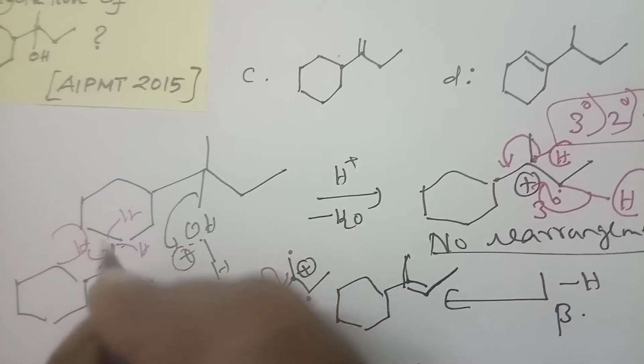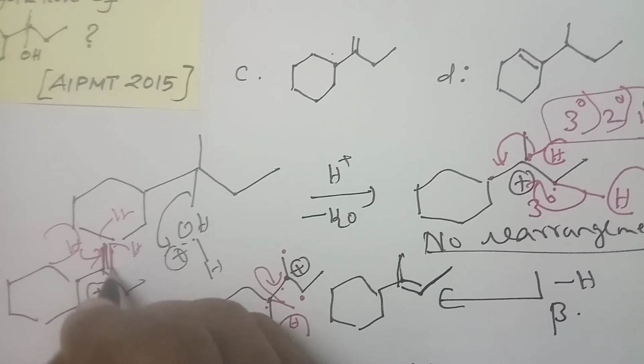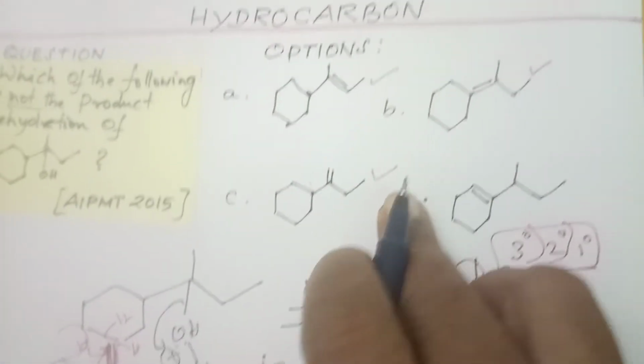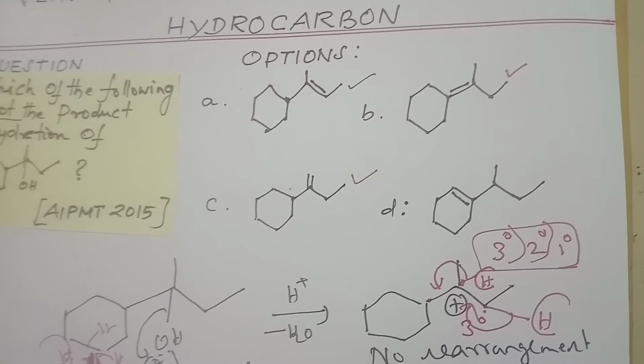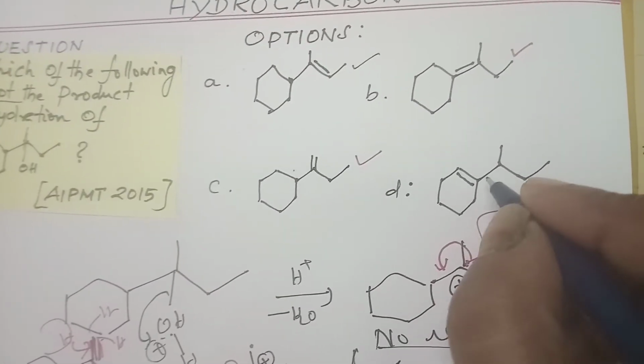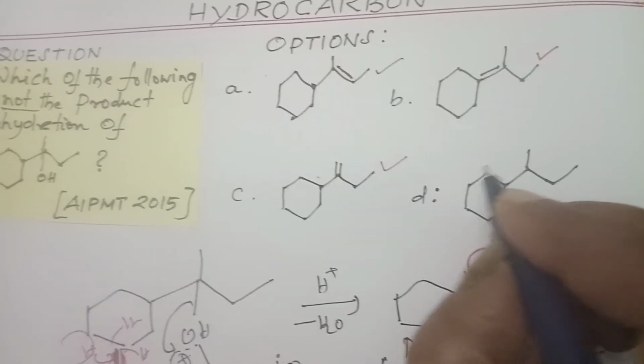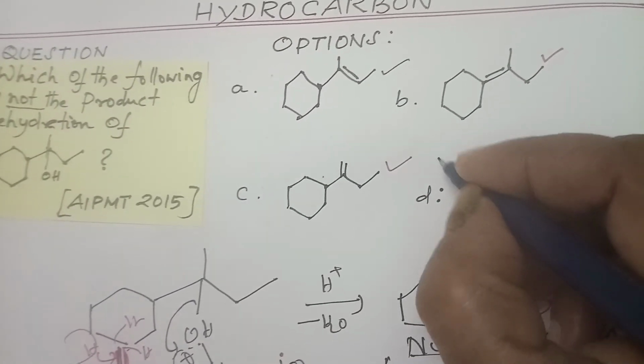Removing one, a bond shifts and there is a formation of a double bond. So all the 3 are possible. This one is not possible because it would happen only after rearrangement, and rearrangement does not take place. So this is not forming, and this is your answer.